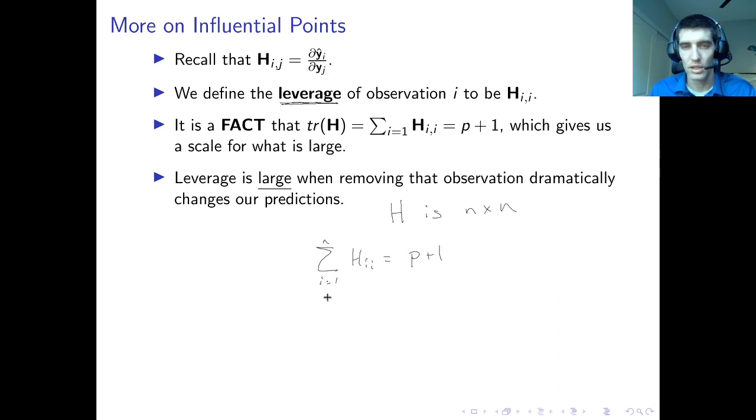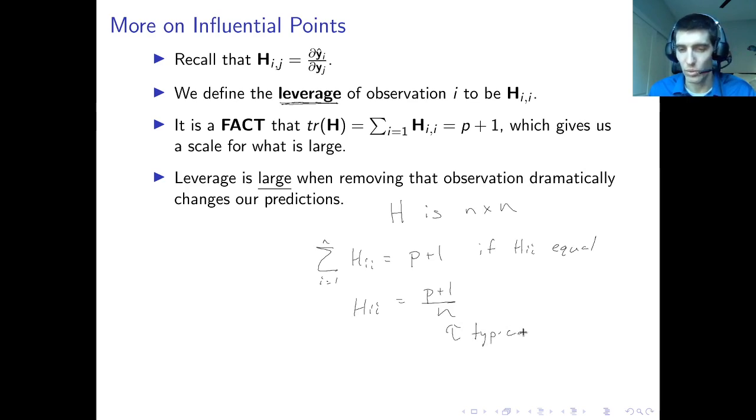Okay. So if all of the diagonal terms were of equal size, then we would have that h_ii, the diagonal terms, were p plus 1 over n, right? Because we would be summing up the same constant value n times, so we could find that constant value by dividing by n, right? So this is our idea of what is typical.